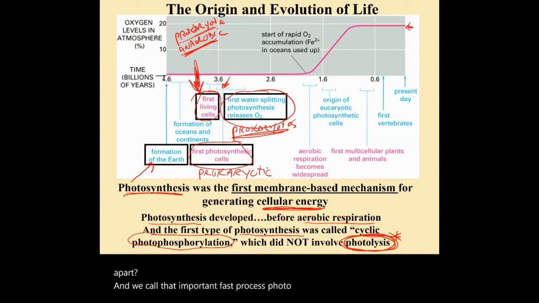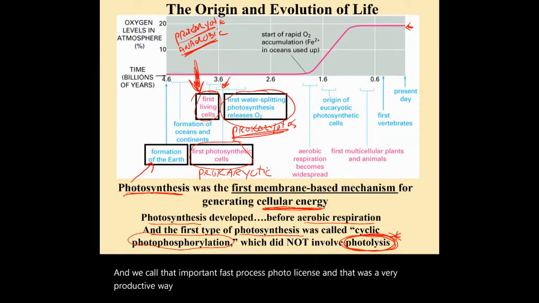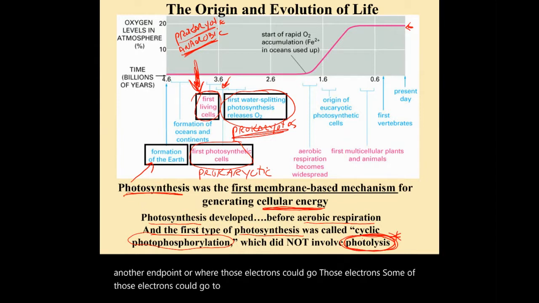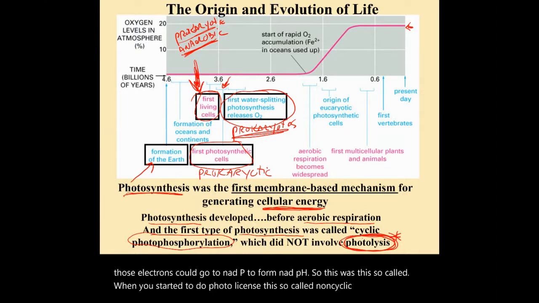That was a very productive way of doing photosynthesis, and it also provided another endpoint for where those electrons could go. Some of those electrons could go to NADP to form NADPH. So when you started to do photolysis, this so-called non-cyclic photophosphorylation was really important.